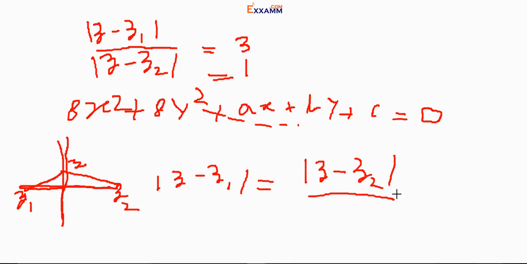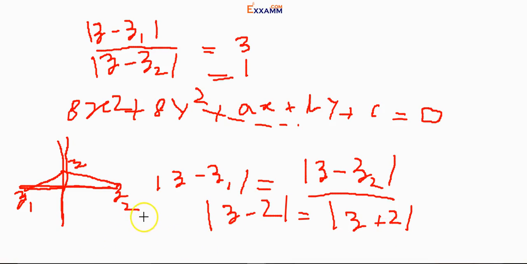The minute we say, say modulus of z minus 2 is equal to modulus of z plus 2, then where would z lie? z would lie on the perpendicular bisector of the line joining 2 and minus 2. So the perpendicular bisector of the line joining minus 2 and 2 is nothing but the y-axis.